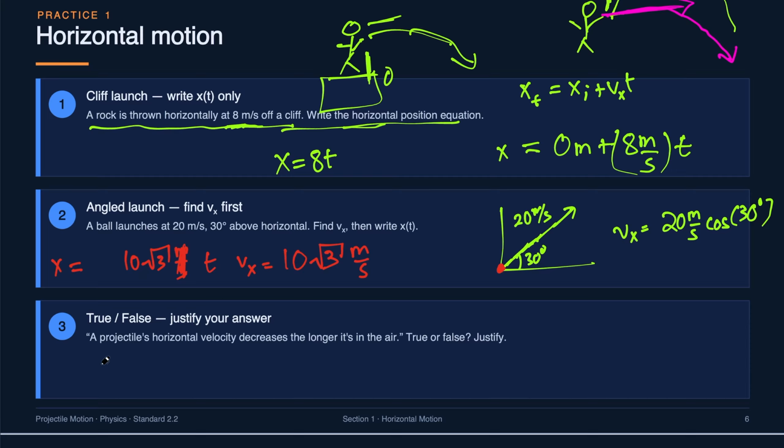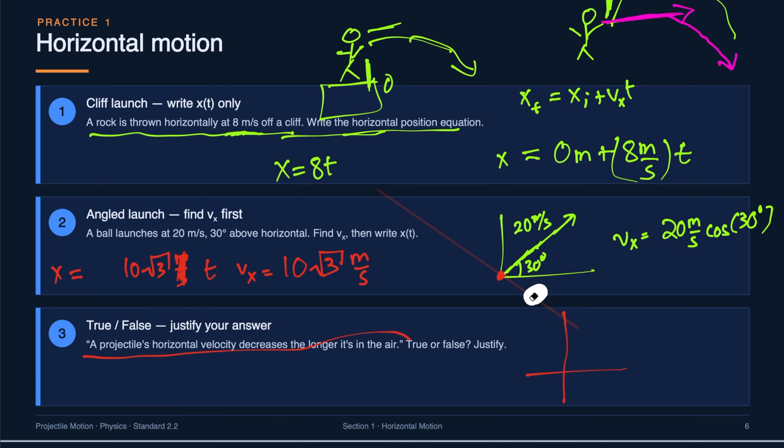A projectile's horizontal velocity decreases the longer it's in the air. True or false? Justify. Like I said, a projectile's horizontal velocity is not changed at all. Because for y velocity, what's the force acting on it? The force pulling it back down is gravity, right?